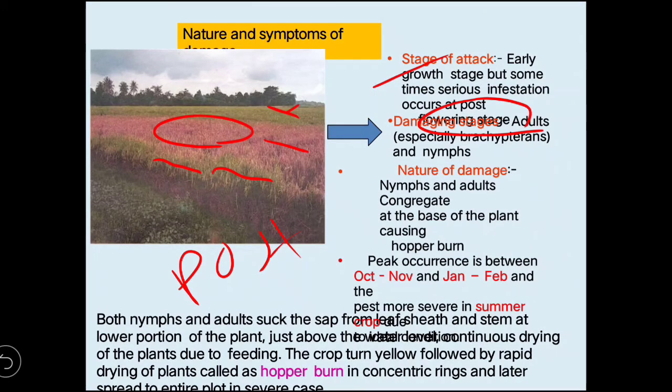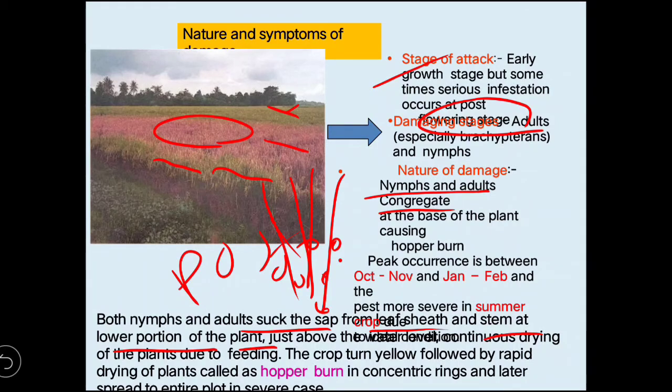Nature of damage: nymphs and adults congregate at the base of the plant. Suppose this is the plant, at the base of the plant you will find these nymphs as well as adults congregated together in one place. Both the nymphs and adults suck the sap from the leaf sheath, stem and the lower portion of the plant, just above the ground level.